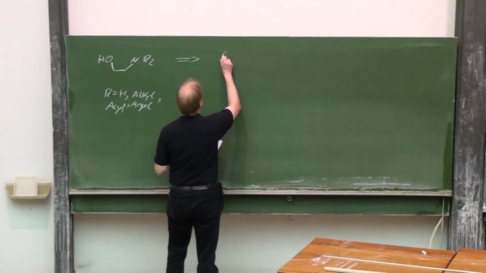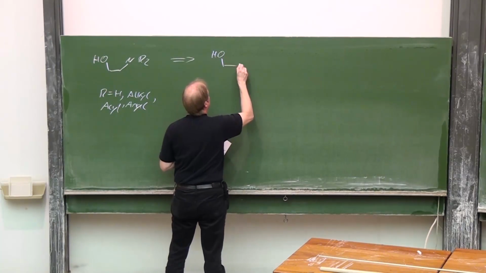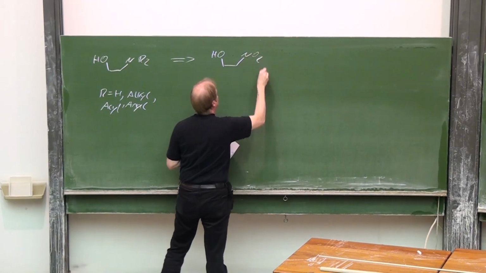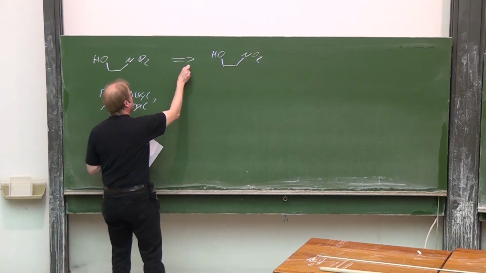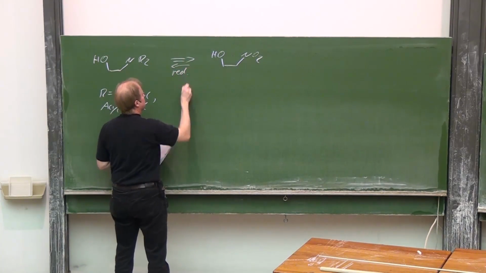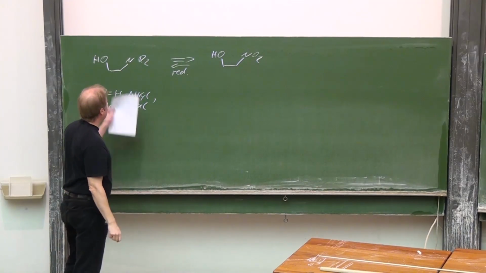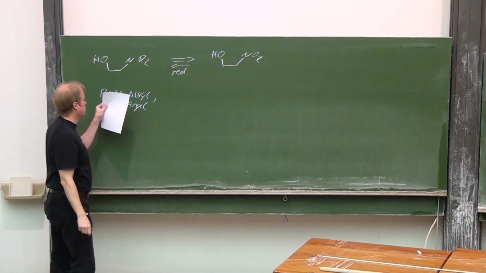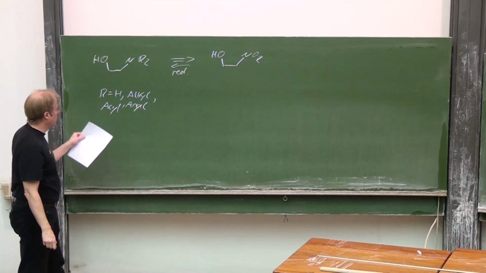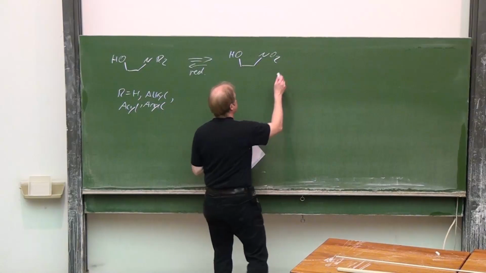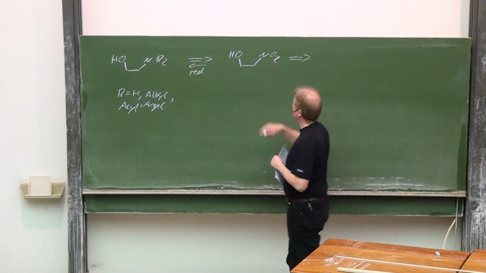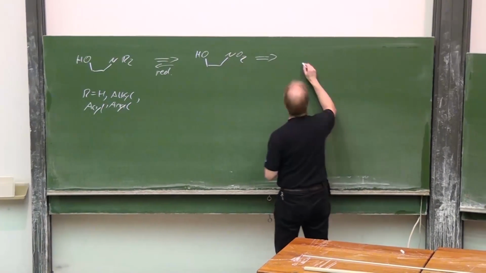Well, for instance, from the corresponding nitro compound, just by reduction, and then an acylation or alkylation or arylation. This is also possible, of course. So, and where does this derive from?